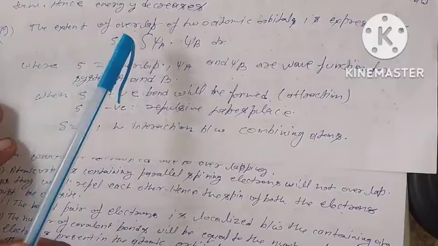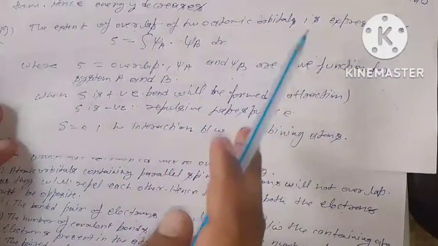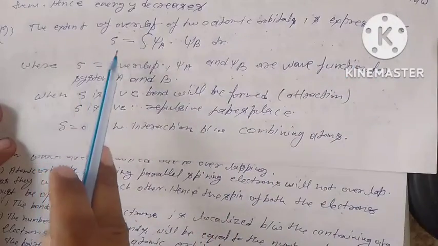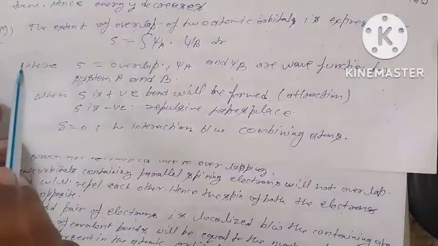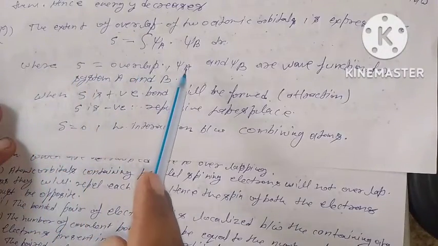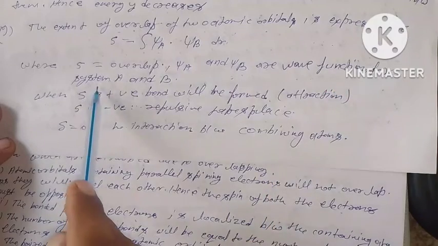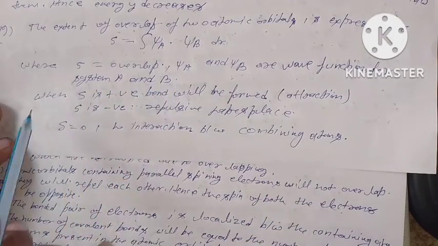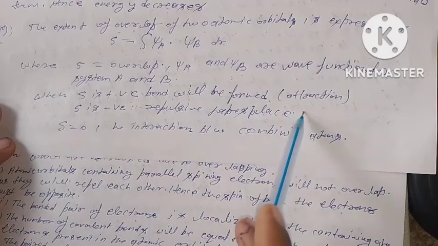The existence of overlap of two atomic orbitals is expressed as S equal to integration of psi A into psi B dr, where S is overlap, psi A and psi B are wave functions for system A and B. When S is positive, bond will be formed, attraction.